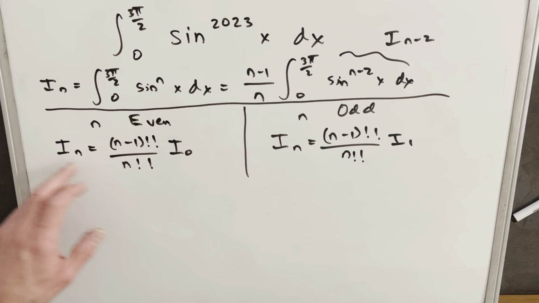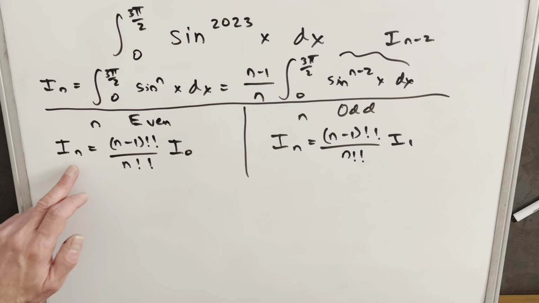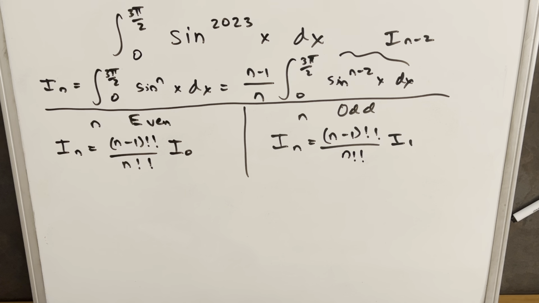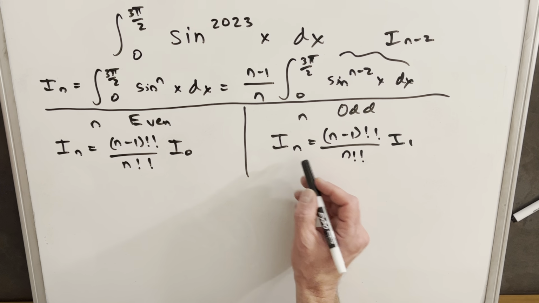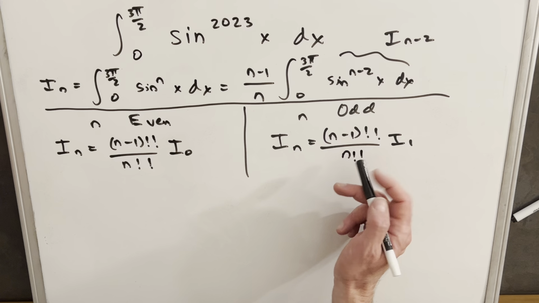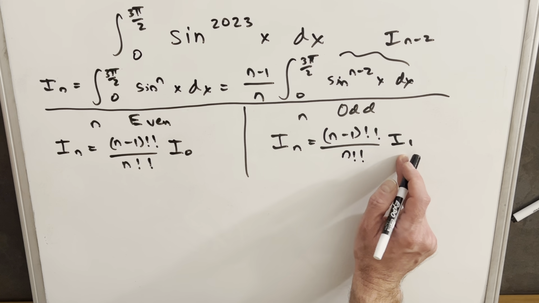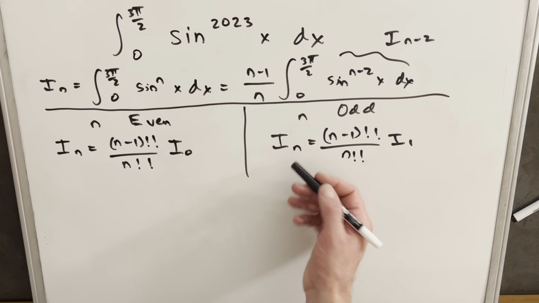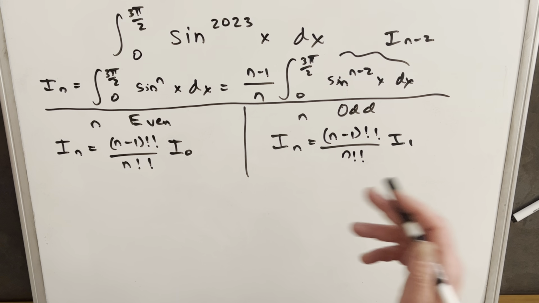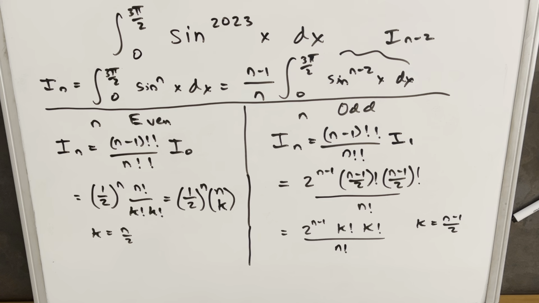And that's because n is even, so you're iterating. If n was 6, you'd go from 6 to 4 to 2 to 0. And over here, when n is odd, for the formula for I sub n we have the same coefficient, n minus 1 double factorial over n double factorial times I sub 1. Again, if n is like 5, you're going 5 to 3 to 1.